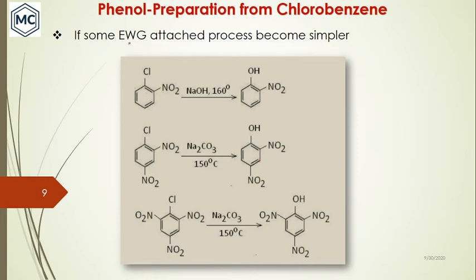Another strategy to make phenol: if you have an electron withdrawing group attached to the benzene ring, the reaction conditions may become simpler. You can see it here. If you have one electron withdrawing group, you need a lower temperature, and if you have two electron withdrawing groups on this ring, you need very mild conditions, a mild base and a somewhat lower temperature, and the process becomes simpler.